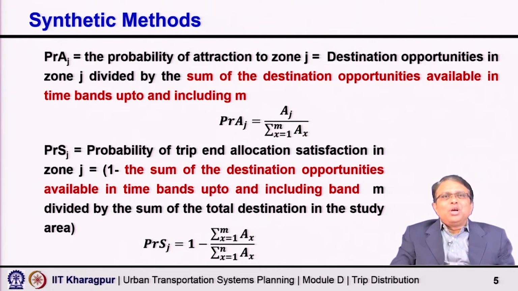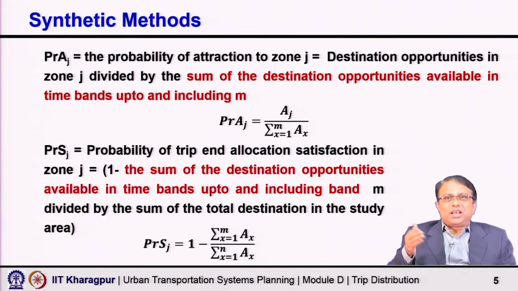That is why we write PRSJ equal to 1 minus the sum over x, where x equal to 1 to m, divided by the sum over x again, but this time x equal to 1 to n. So, the difference between m and n hopefully is clear. M is the 5th station catchment and n is the 10th station catchment.